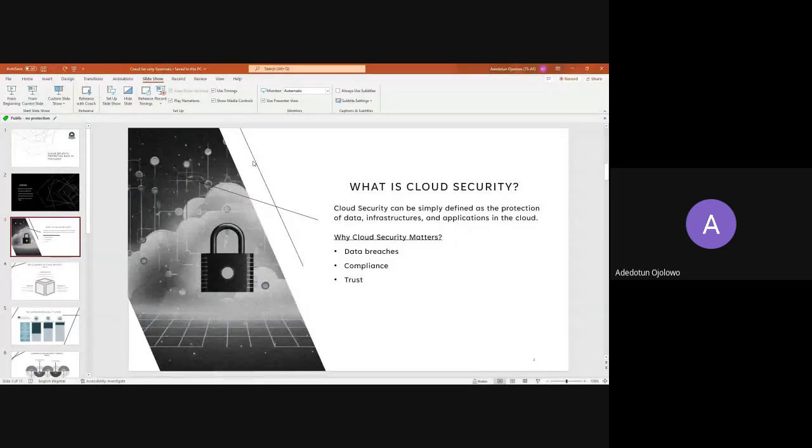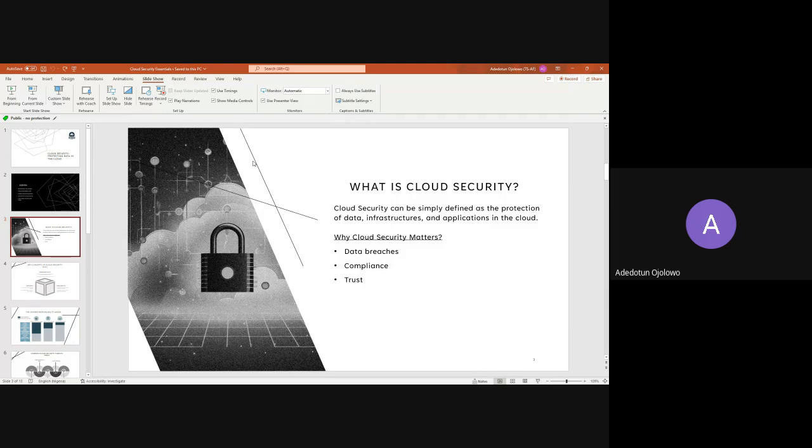Because of that, we really need to find a way to protect the cloud. And why this is essential is, number one, data breaches. There have been so many cases of data breaches, and we'll see some of them in today's case studies.